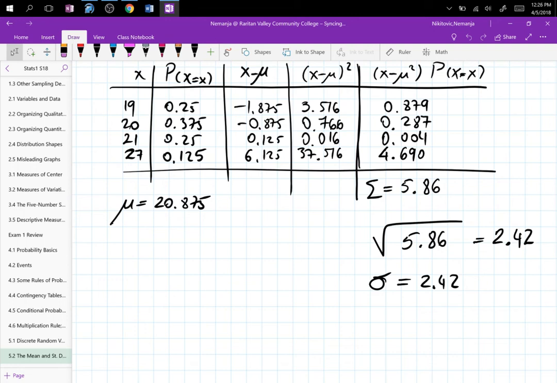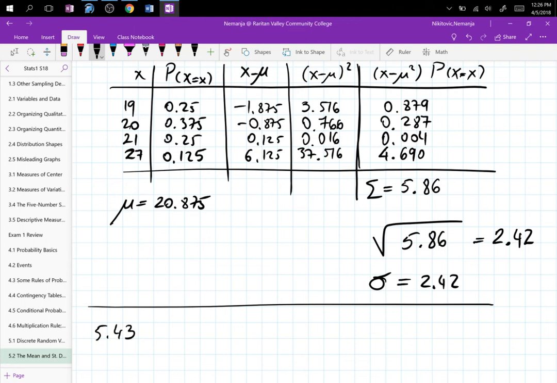So there are a lot of cool problems. Let's take a look at the equipment breakdowns. 5.43. So, in a factory, right? The factory manager collects the data on the number of breakdowns.